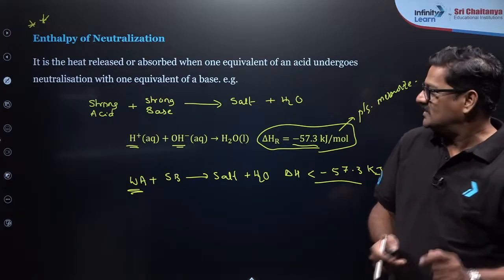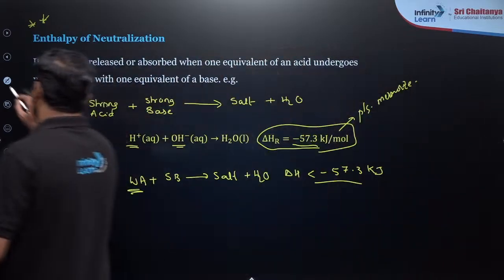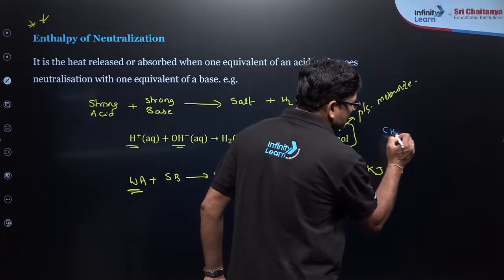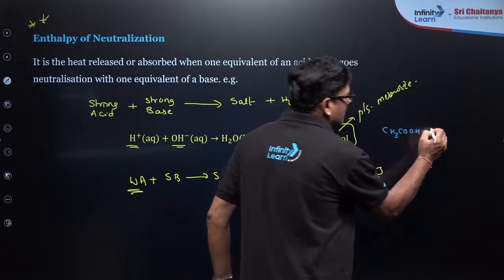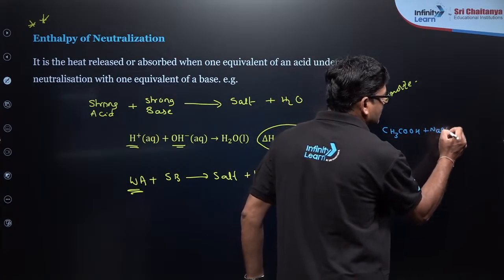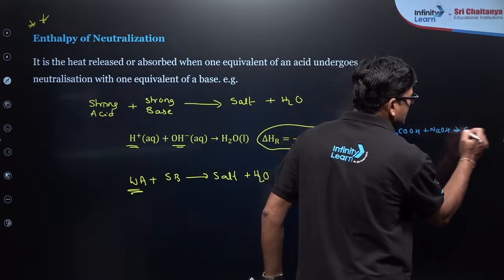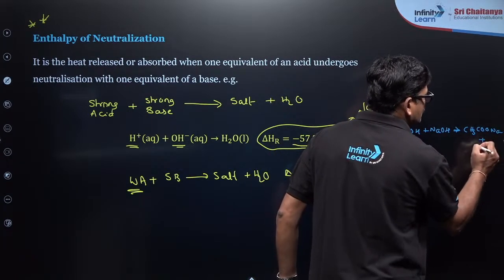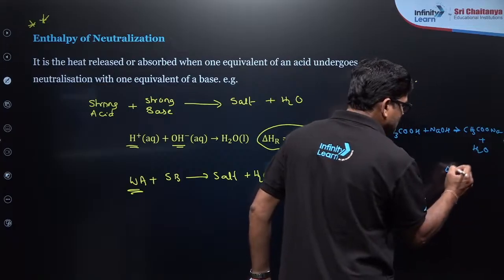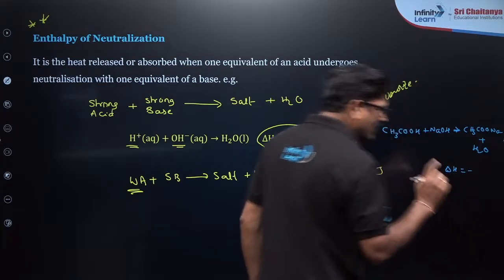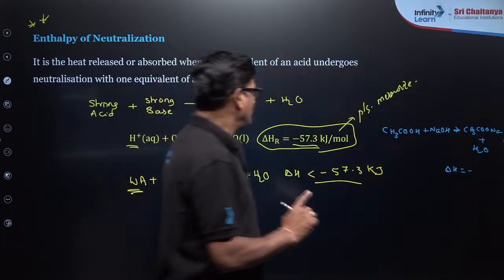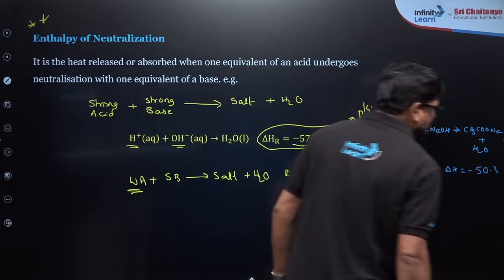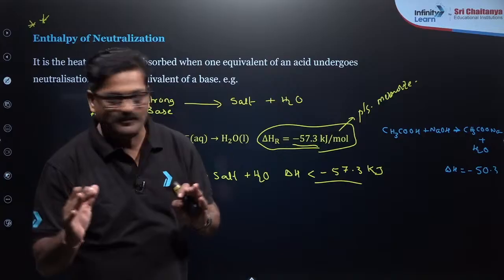Alright. So let's say acetic acid, CH3COOH, plus sodium hydroxide gives rise to CH3COONa plus H2O. Let us assume the delta H value is 50.3, a dummy value.